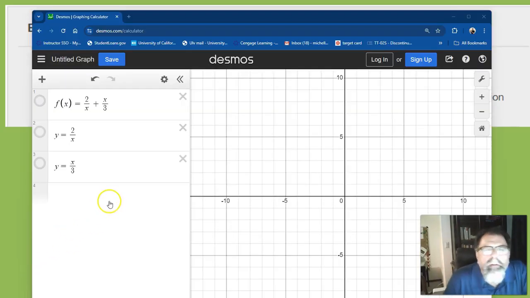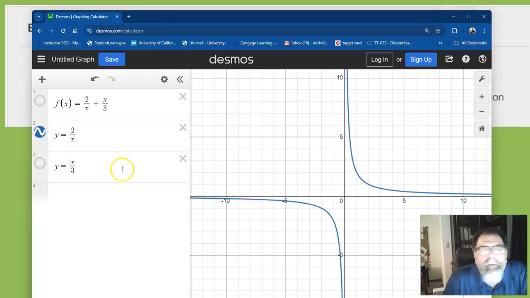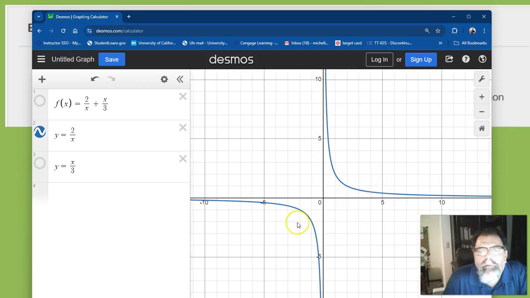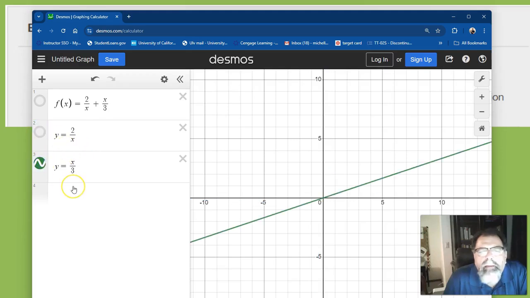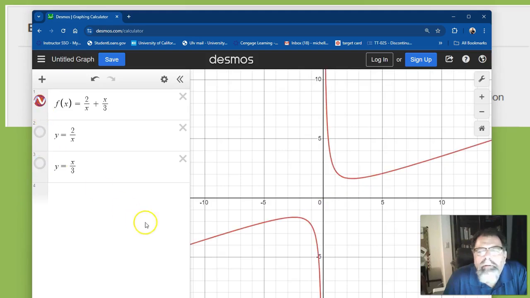Okay, so here's Desmos, desmos.com, graphing calculator. So here's what I was just talking about. If I did 2 over x, it's that reciprocal function, but with a multiple of 2, a scale factor of 2. So it's vertically stretching it. And then this is just a line. And if you add those two things together, you're going to get this shape here.